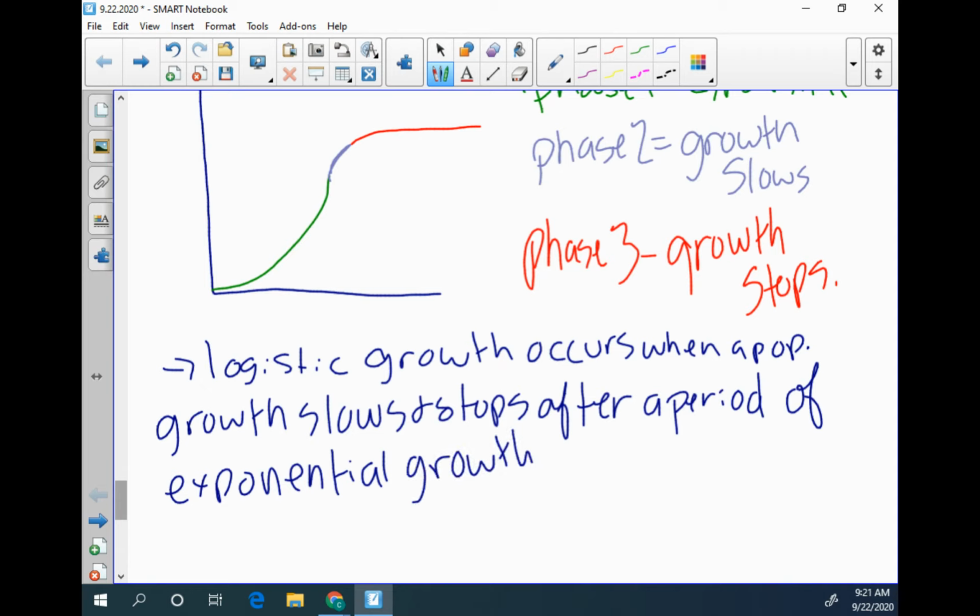We had our exponential growth, it stops, and it kind of flattens off.